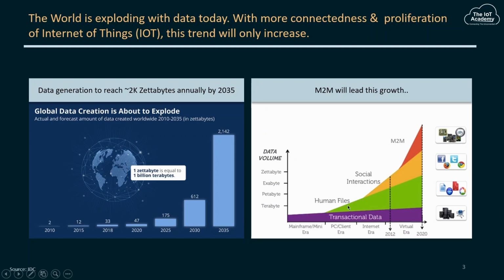Human files are increasing at a good rate. There are social interactions which have been added over the last 10 years or so, where the social interaction data is also playing a major role. But the major growth is expected from machine to machine learning data.